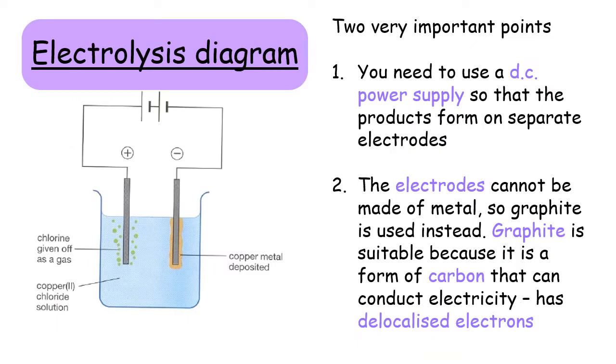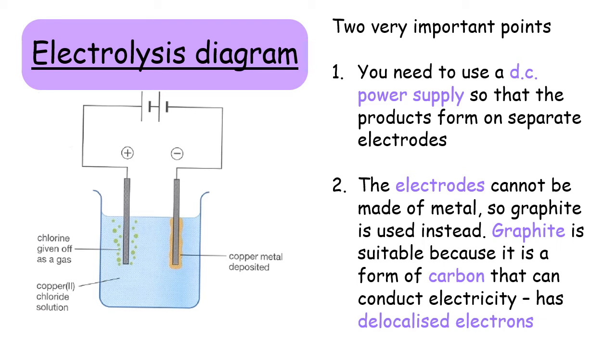Here's a diagram showing electrolysis. We've got two wires with two rods going into a solution, and we can see that on one rod, copper metal is going to, and everything else is going to the other electrode. For electrolysis to work, we need a DC power supply.